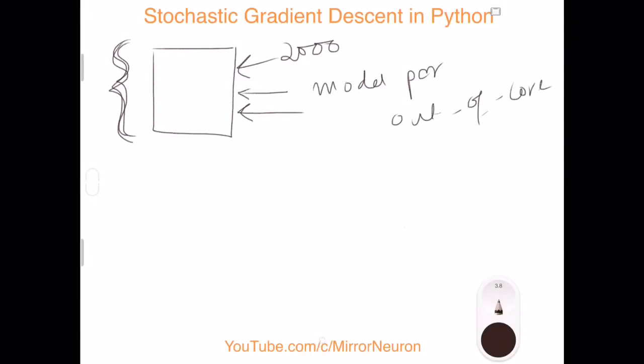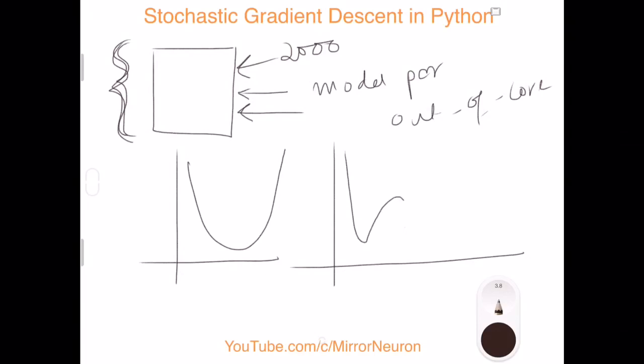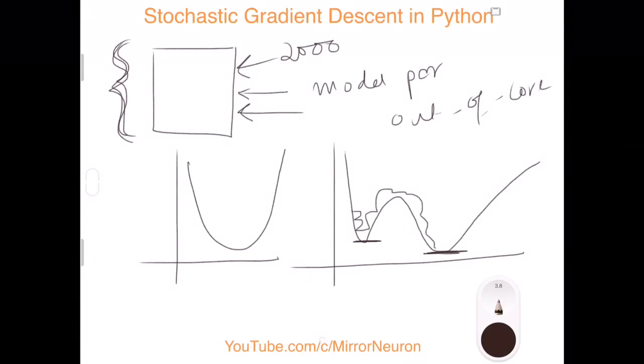Also, in real life, our error function will not always look like this. It might look like this also. Now this is my global minimum and this is my local minimum. When we have stochastic or random samples chosen, my algorithm is dynamic enough to come out of this local minimum and has more chance to come to the global minimum.